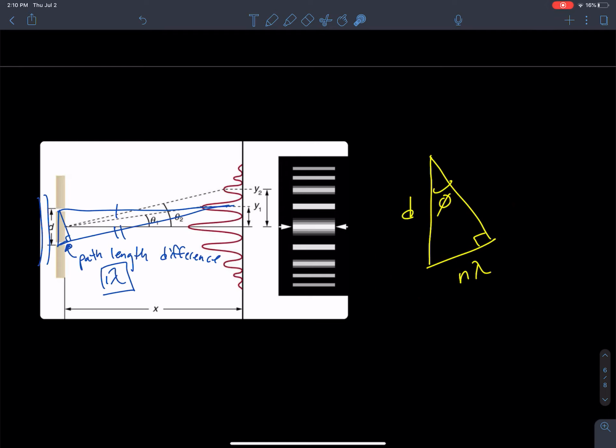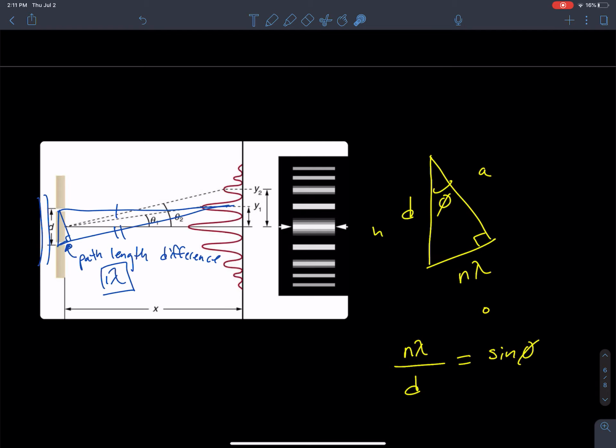Okay, and according to this triangle, if I label all the sides, this is adjacent, this is opposite, and that's hypotenuse. So according to trigonometry, I would have n lambda, which is opposite, over d is going to be equal to sine theta, because opposite over hypotenuse is sine theta. Okay, if you remember that.